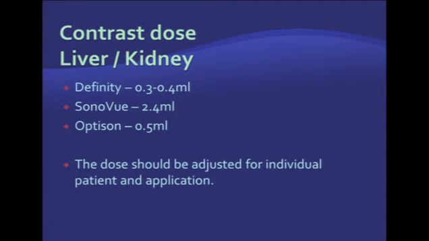Lumason's recommended dose is 2.4 ml. Some authors recommend going down to 1.5, but this will depend on the patient and application of contrast-enhanced ultrasound. Optison dose is 0.5 ml and again can be adjusted for the individual patient and application.